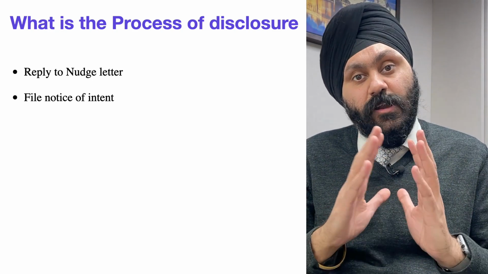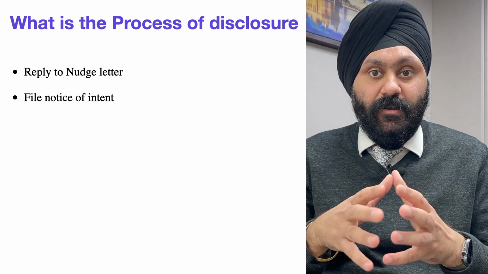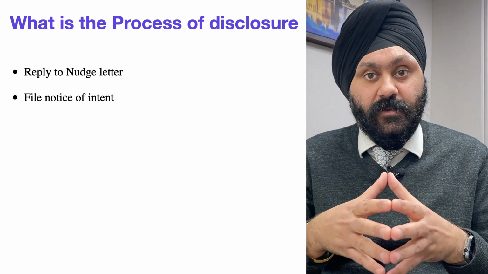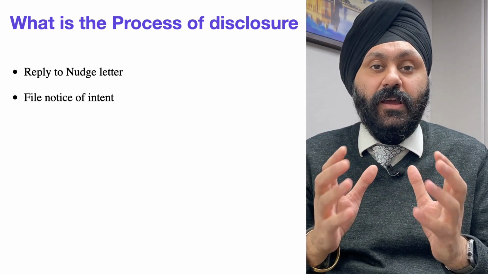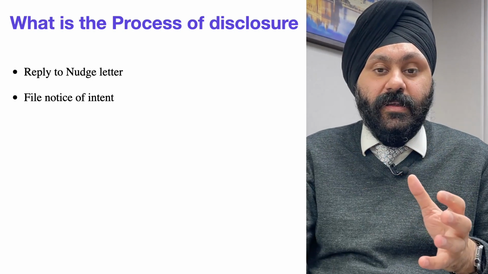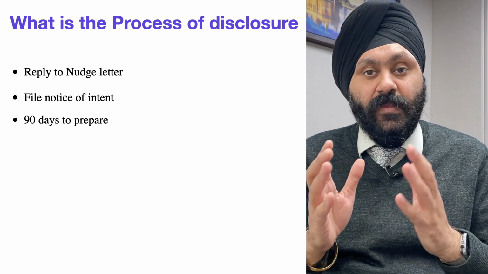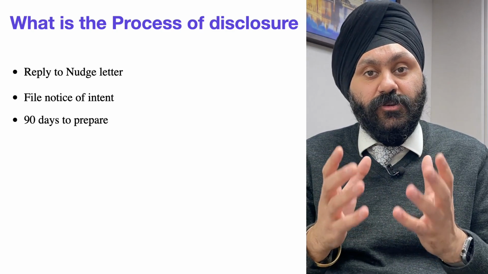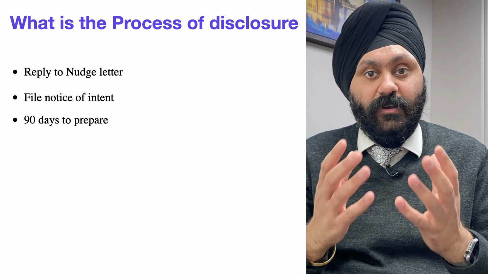Once you file the notice of intent, HMRC will send you a letter with your payment reference details and a case reference number. Then from that letter date, they will give you 90 days to prepare, file and pay. In those 90 days you have to prepare your tax calculation year by year, identify the potential loss of revenue, and calculate whatever tax is due.